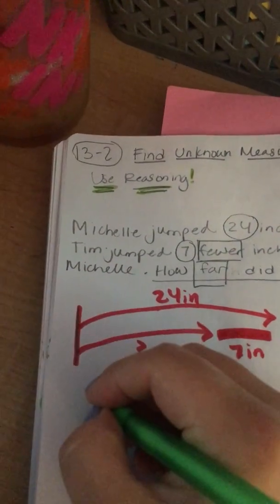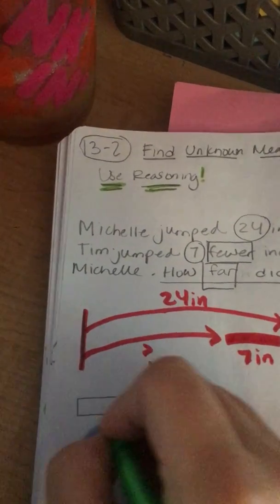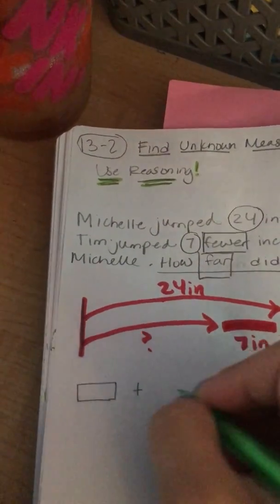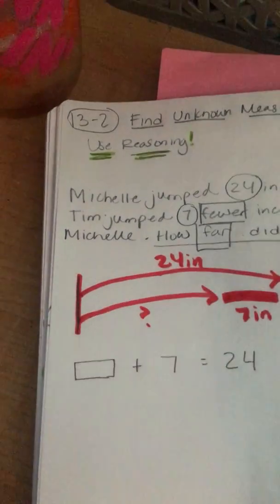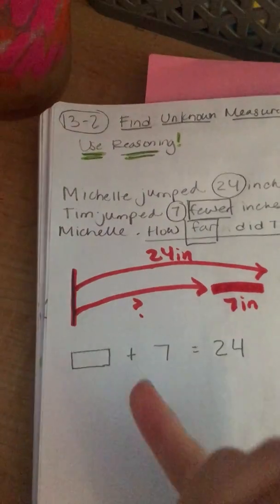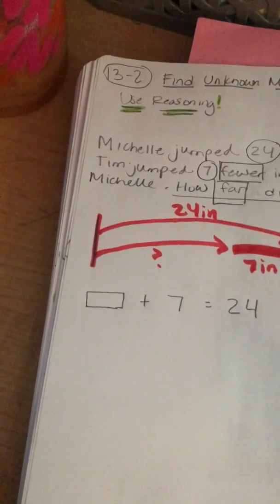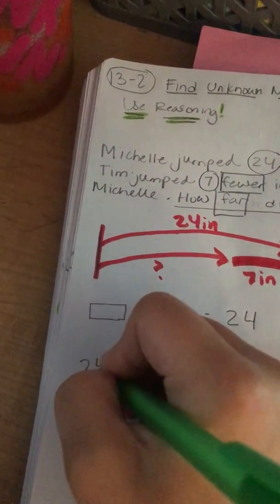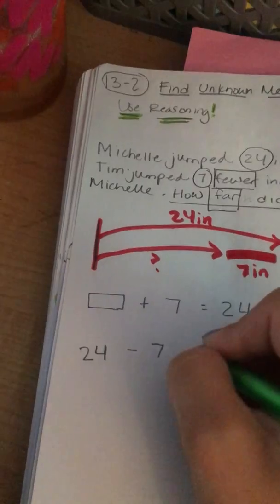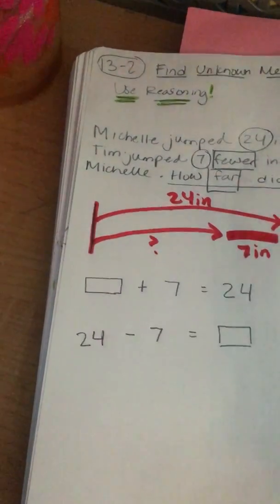So I can set it up like this: the mystery number that Tim jumped plus 7 will give me 24. So I can do the counting up to subtract, or I can do my whole minus the one part I know, the 7 fewer, will give me this mystery number.